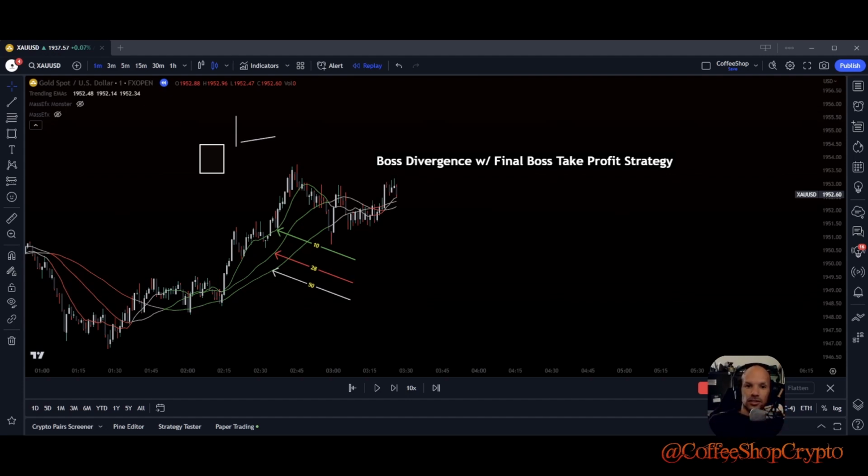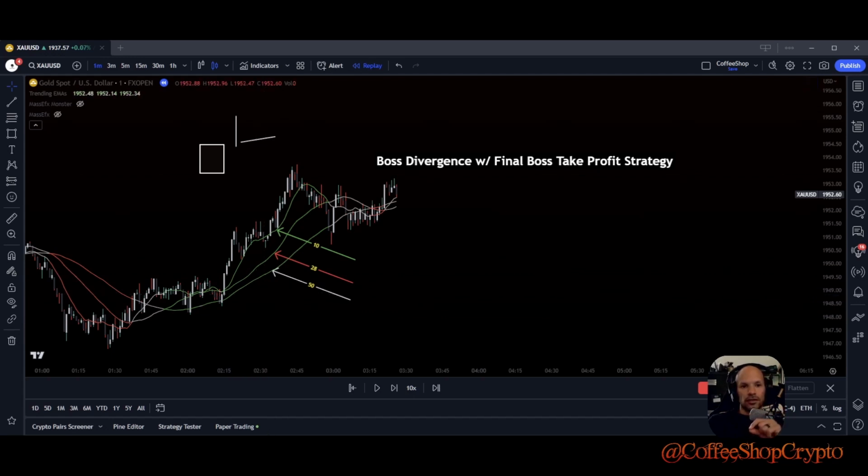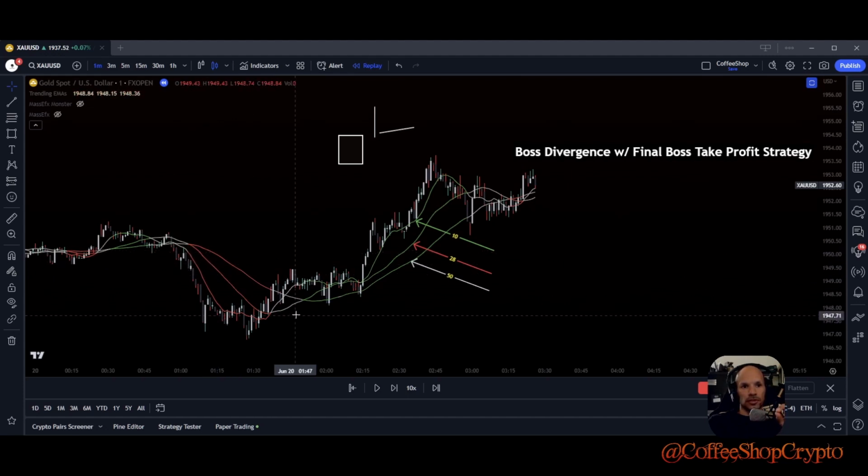These moving averages have conditional colors built into the code. All three are green when they're lined up in a bullish form and price action is above them. All three are red when they're bearish, when they're below each other, and price action is below them.